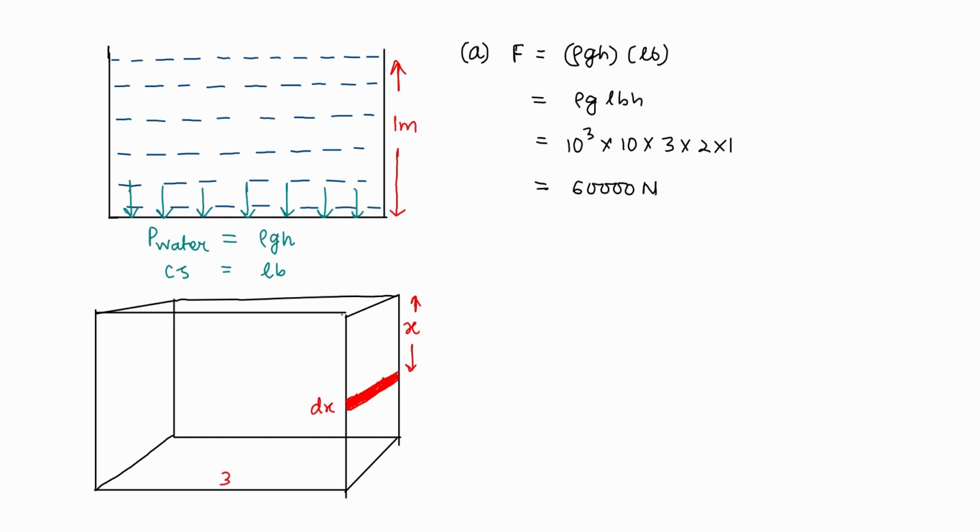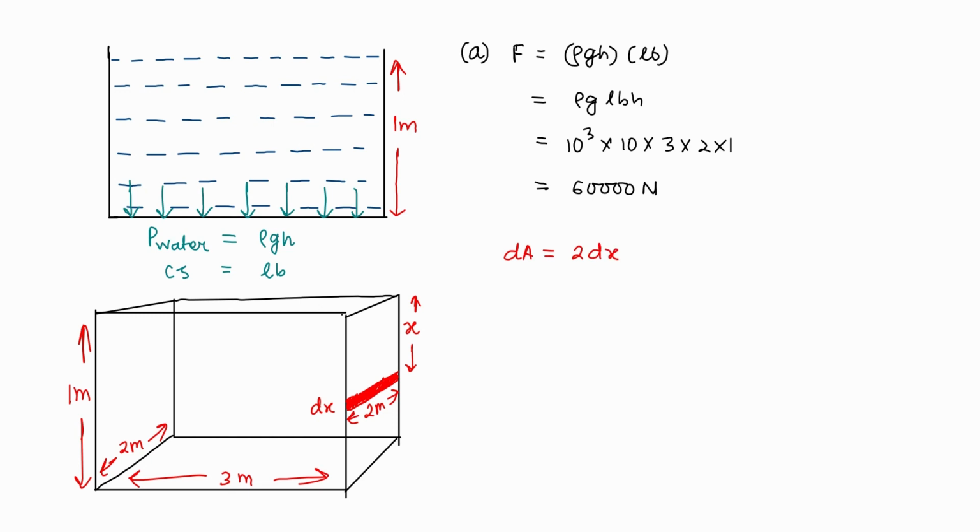The chamber is 3 meter into 2 meter into 1 meter in dimension. So over here, if this is 2, this side is also equal to 2 meter. If I talk about the elemental patch, then the area of the elemental patch dA is equal to 2 dx.